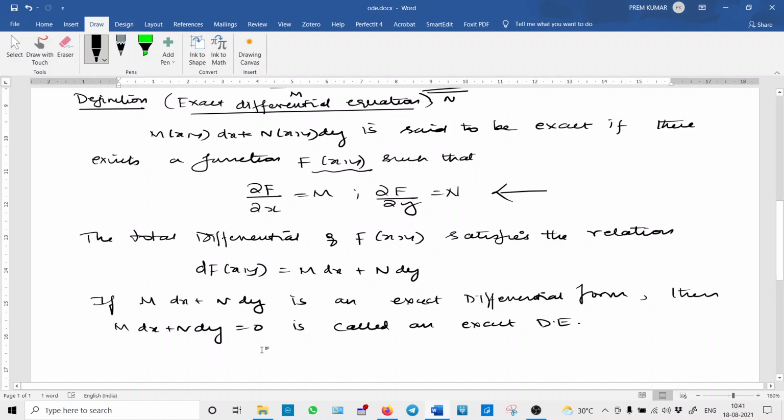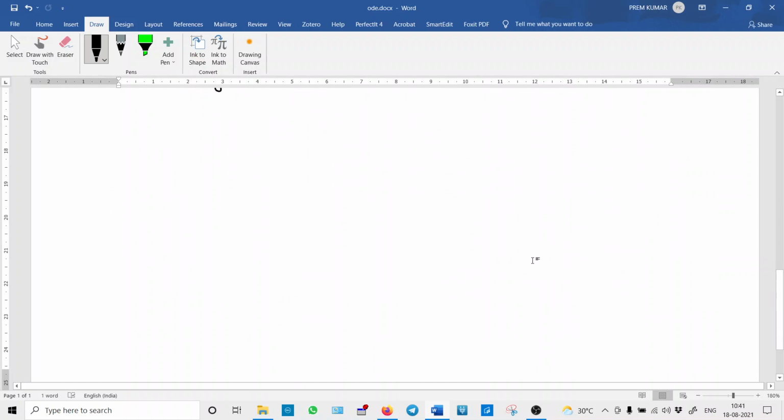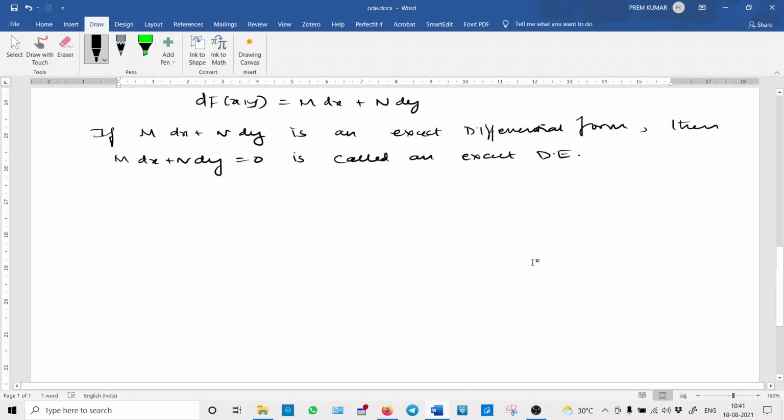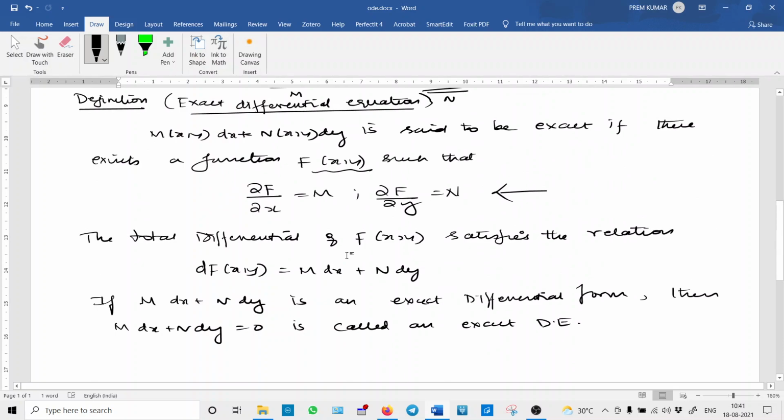Then if it equals 0, we call it an exact differential equation. Now we need to determine whether the given differential equation is exact or not. If it is an exact differential equation, then we are going to find the function F.